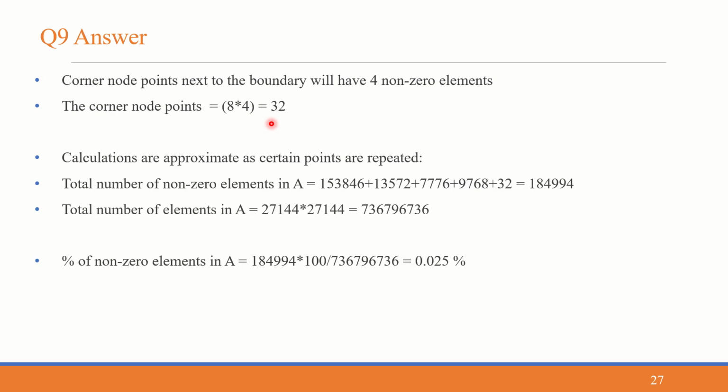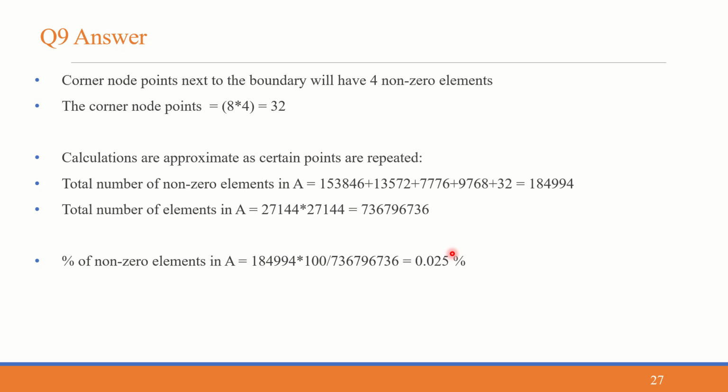Since it is a square matrix, the total number of elements is 27,144 into 27,144. So this gives us this number, and the percentage of non-zero elements in A will be this divided by this, into 100, which gives us 0.025 percent.